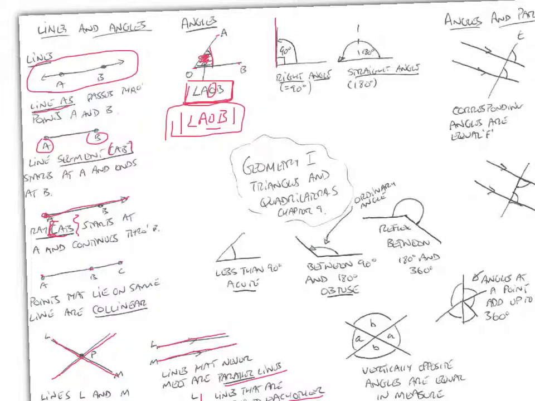We can consider a right angle, 90 degrees, or a straight angle, which is 180 degrees. We can have an angle that's less than 90 degrees, that's acute, an angle that's between 90 and 180, somewhere in here, that's obtuse, and we can have an angle that's known as a reflex angle, that's somewhere between 180 and 360.